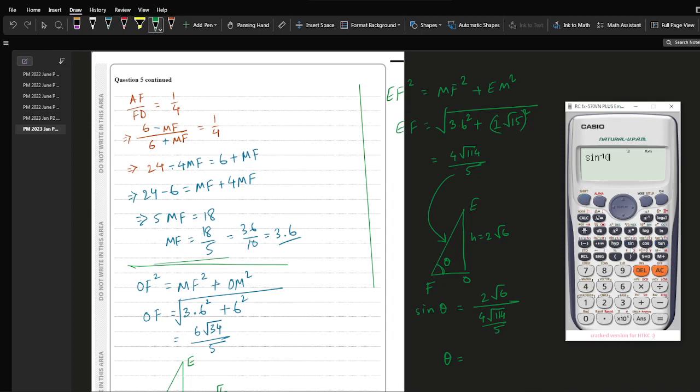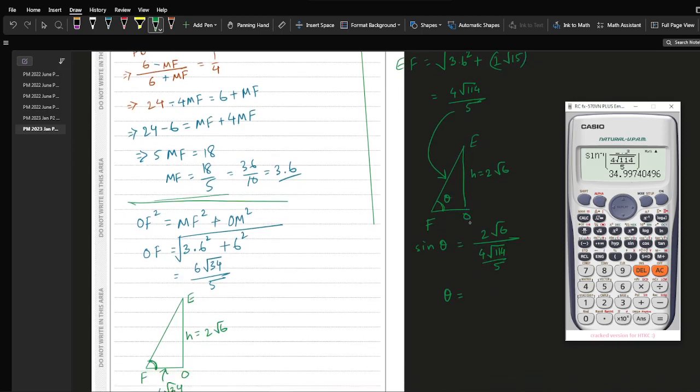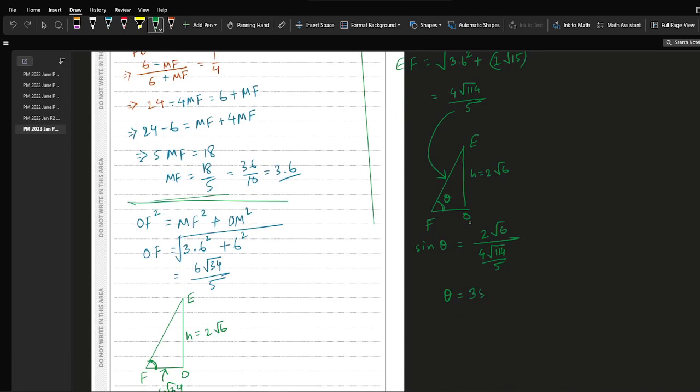Sine inverse of 2 root 6 over 4 root 114 divided by 5 is exactly the same answer as before, 34.997 and change. So the nearest degree is 35 degrees.